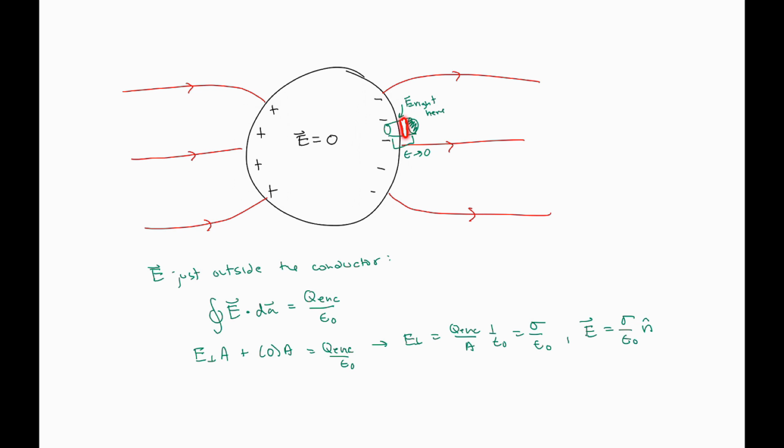Okay, so I know that there is a little bit of electric field just outside my conducting surface, and that electric field is actually going to exert a force on the conductor itself. So the question is, what force does E external exert on the conductor itself? Well, remember force is equal to Q times the electric field.